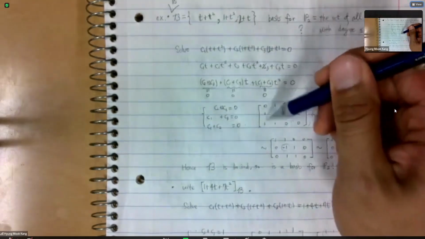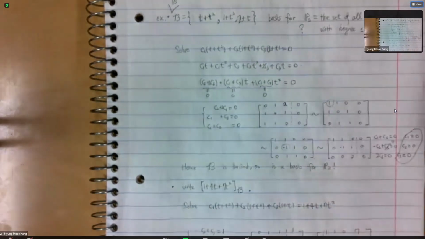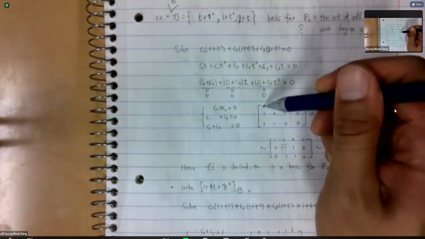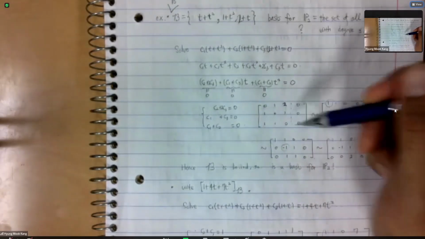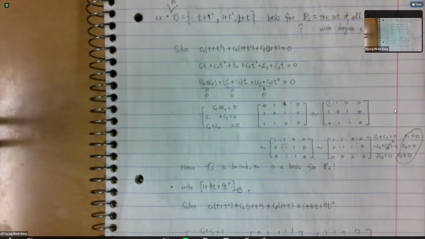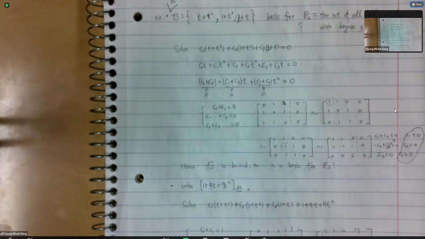This one goes in a vertical line. So instead of here, it goes here. This one goes here. This one goes here. So I want you to be a little bit careful about this when dealing with polynomials. Different from the Rn cases, it goes vertical. Okay, so any questions?